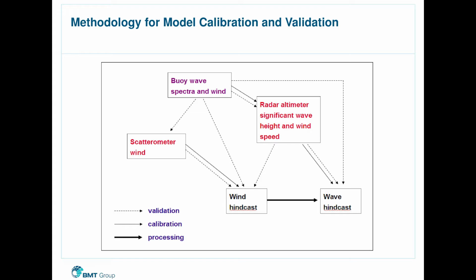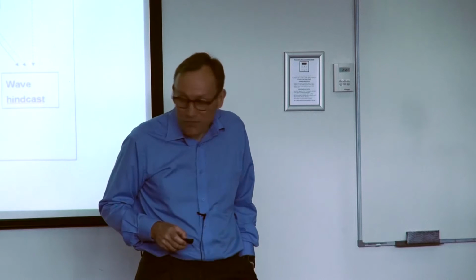And then we have a calibrated global wind history, and we can then use that to force a global wave model, and then we can further calibrate, validate the output from that wave model using independent radar altimeter observations.